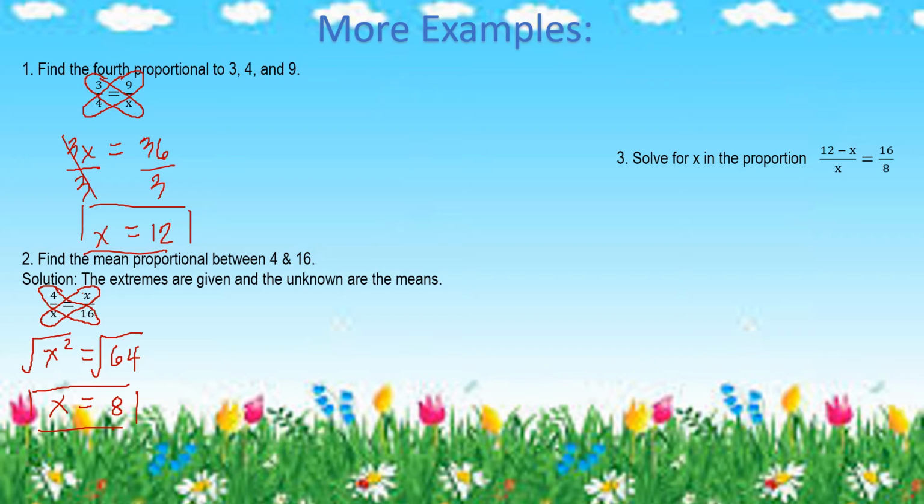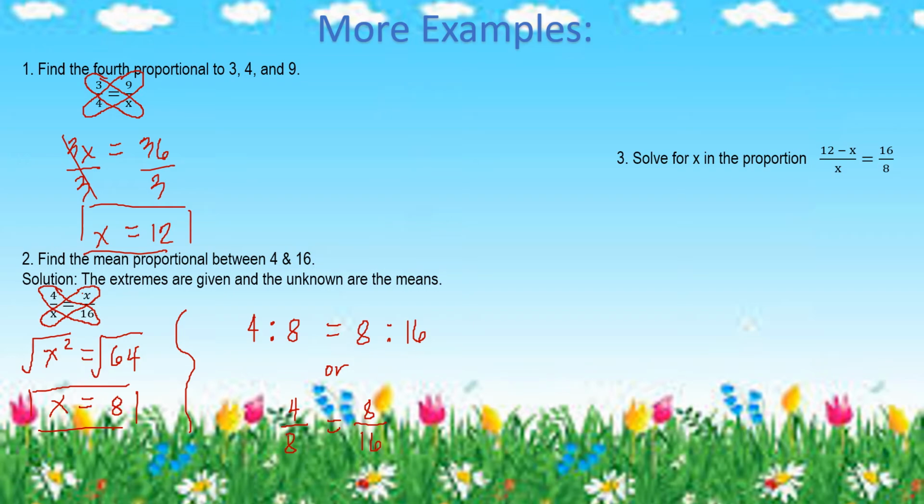So therefore, the mean proportional between 4 and 16 is 8. So therefore, we have the proportion 4 is to 8 is equal to 8 is to 16. Or in fraction form, we have 4 over 8 is equal to 8 over 16.